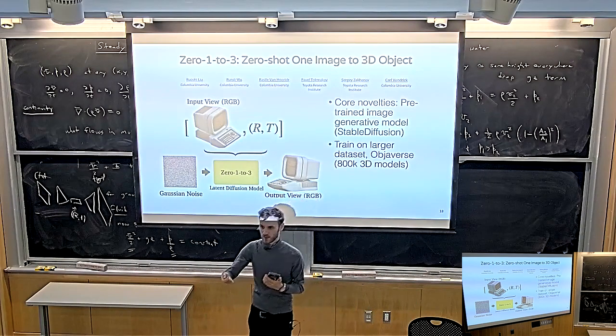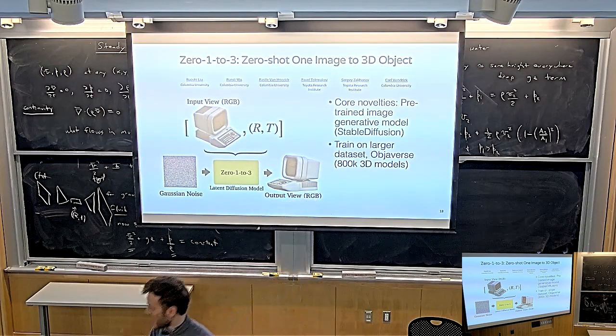And then they modify it a tiny bit such that they can give it an additional image as input. So basically they add one layer in the front where now instead of just giving it noise, they can also concatenate an additional image. And then they give it the RT as just the text.